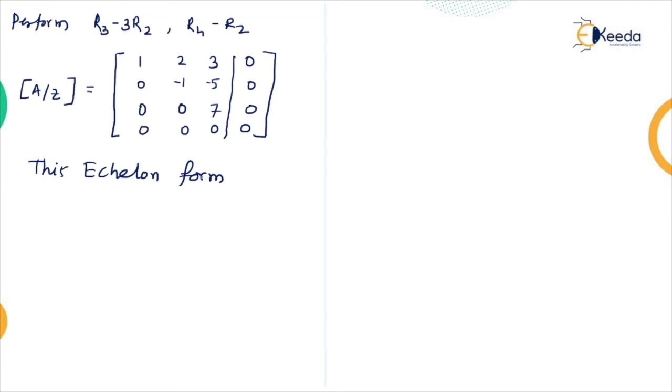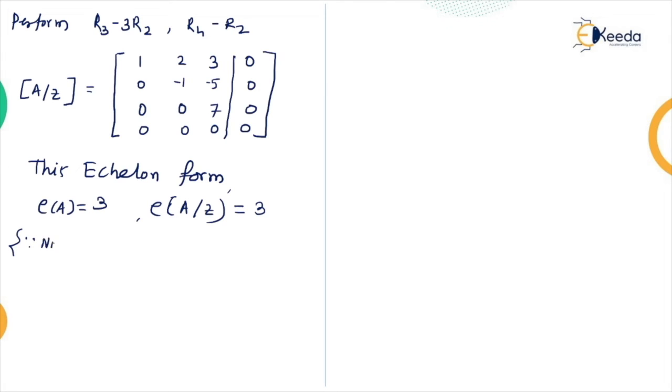If this is the echelon form of a matrix, then the rank of matrix A is very simply the number of non-zero rows in the matrix. Here the number of non-zero rows in matrix A is 3, and the number of non-zero rows in the augmented matrix A Z is also 3. So the rank of A is equal to 3, and the rank of the augmented matrix A Z is also 3, because the number of non-zero rows is the rank.